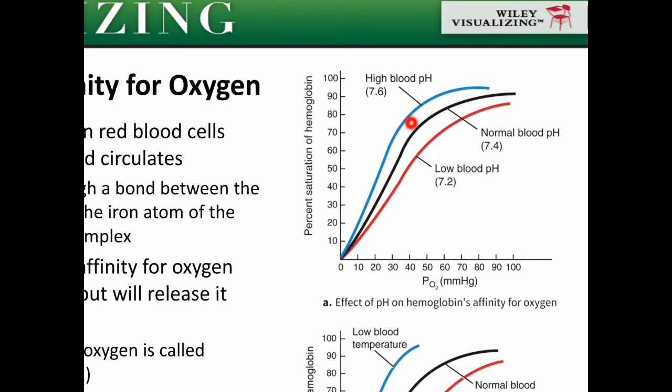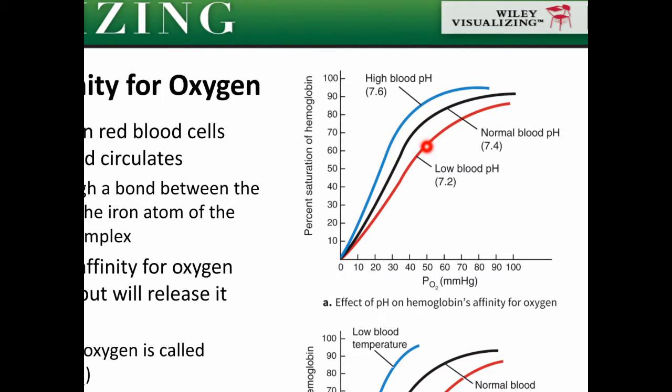So it makes sense, because in the lungs, the hemoglobin must be able to pick up oxygen. And then in the tissues, it lowers. Inside the tissues, you have high carbon dioxide content, high carbonic acid. So it's acidic, and the pH is lower. At lower pH, the affinity of oxygen to hemoglobin is lower also.